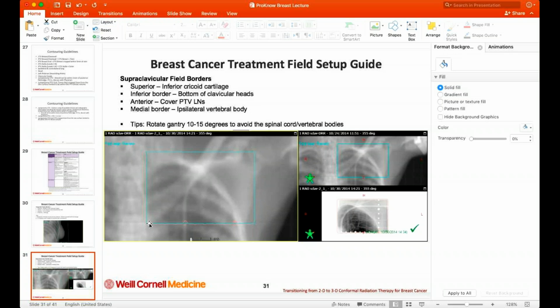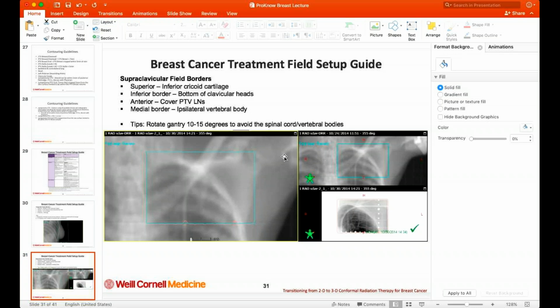So you can see here, this is the clavicular head. So the inferior border is around there. Anteriorly, you want to make sure you're covering the PTV of your lymph nodes. It's usually at the skin. You want to make sure you're not right up against the skin. You're giving some flash as well.